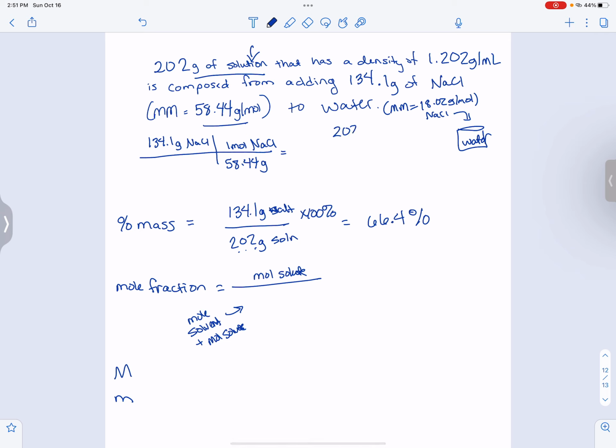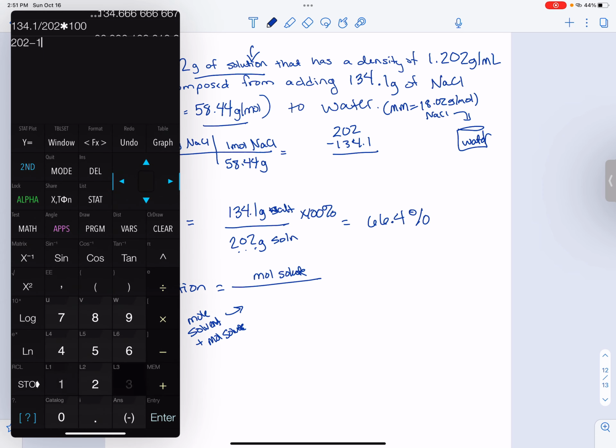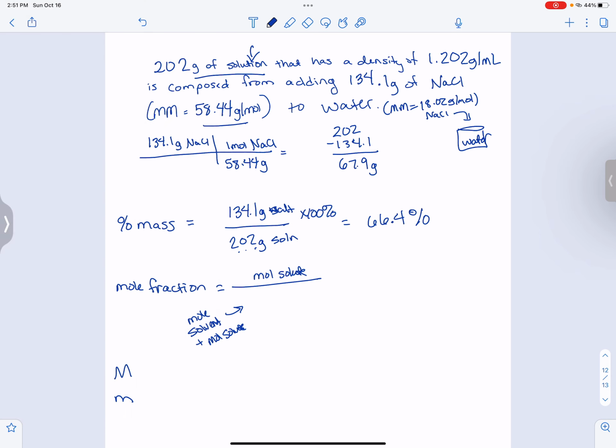So if I do 202 minus 134.1, that gives me that I have 67.9 grams of water. So I can take my grams of water and I can turn that into moles of water.